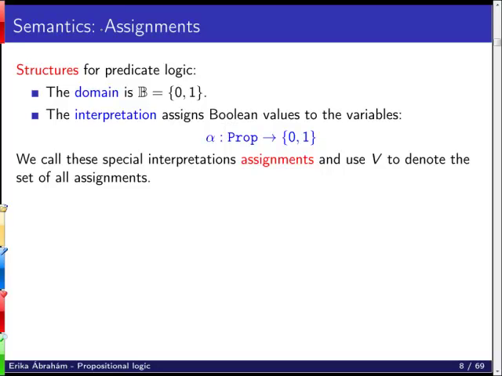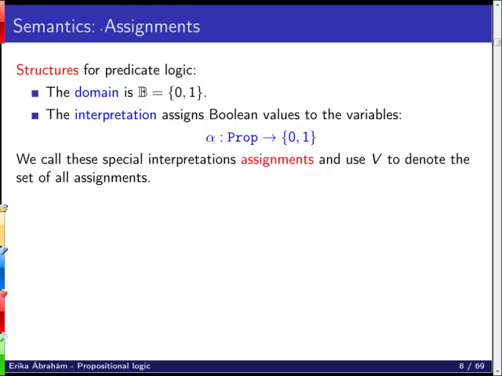And of course, since we said that we have Boolean variables, the propositions, we have the Boolean domain of 0 or 1, or true or false, or bottom and top. Then we have an interpretation which assigns values to our variables from their domain.